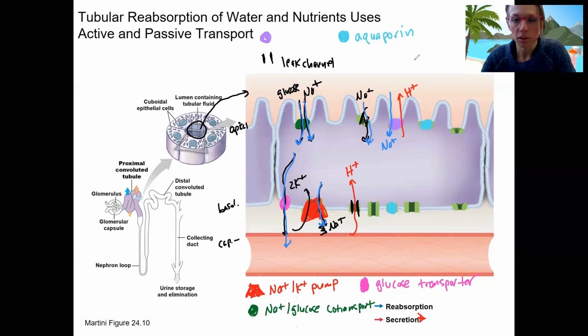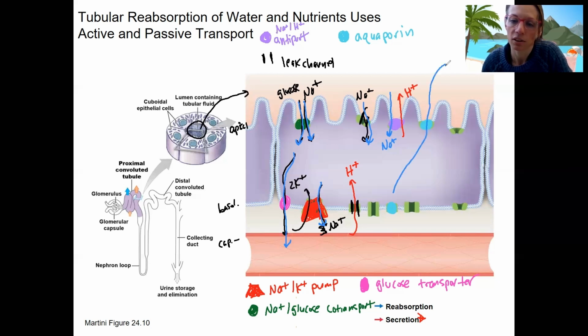So that purple thing I have right there, that is our antiporter, specifically the sodium hydrogen antiporter. So we've got everything being reabsorbed besides hydrogen that we've seen so far. So following all that movement of the ions is going to be water.